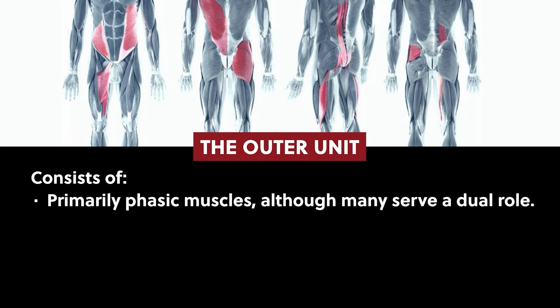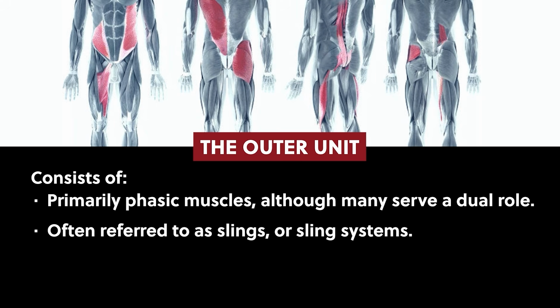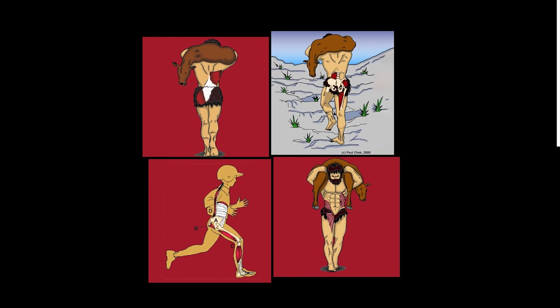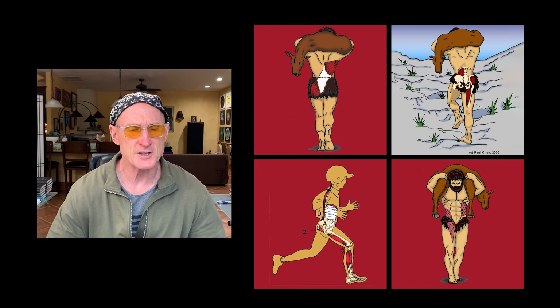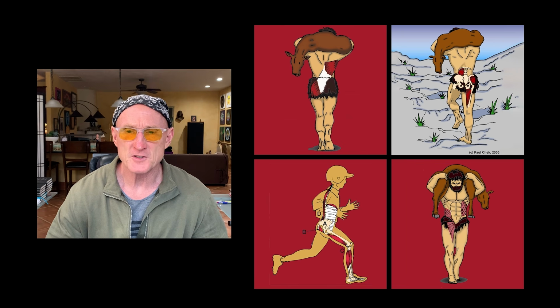Inner unit systems are for stabilizing and keeping things together. Now, these muscles work together in what are often called slings or sling systems. These are the primary ones. There's been a number of books written trying to identify different slings, but so far, when I read them, it looks to me like the authors are just stretching and using their imagination. These ones I've researched very thoroughly, and the connections are very, very clear.